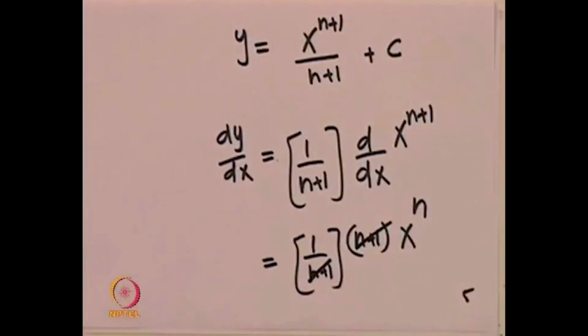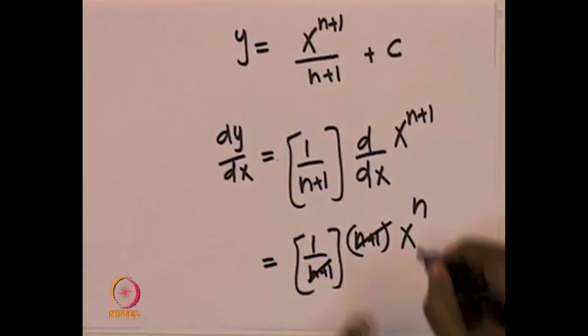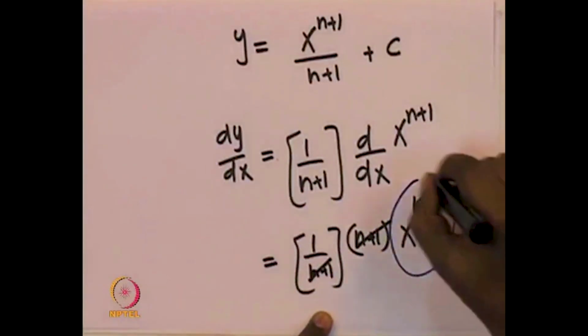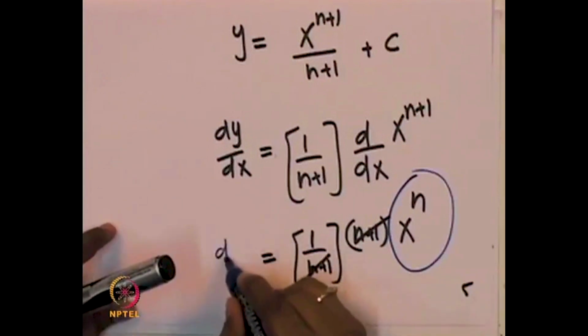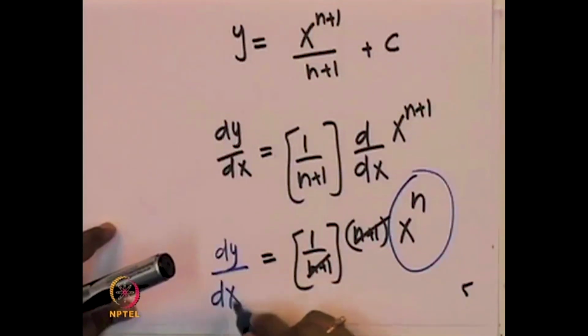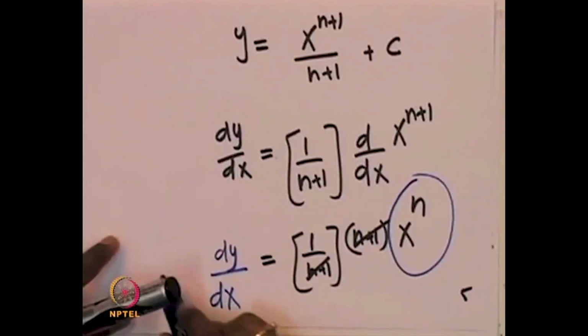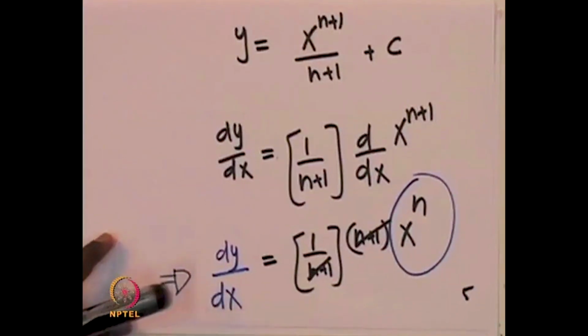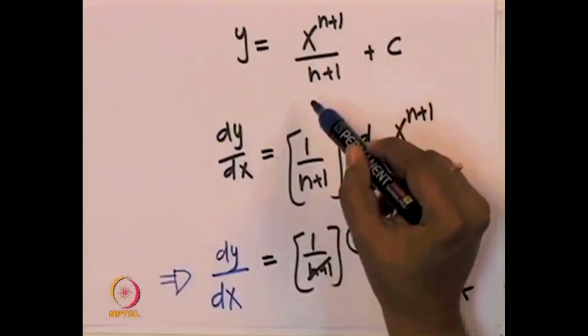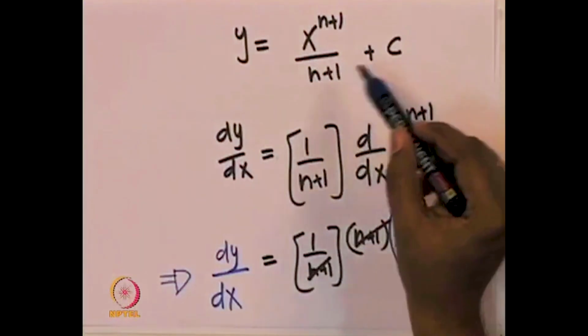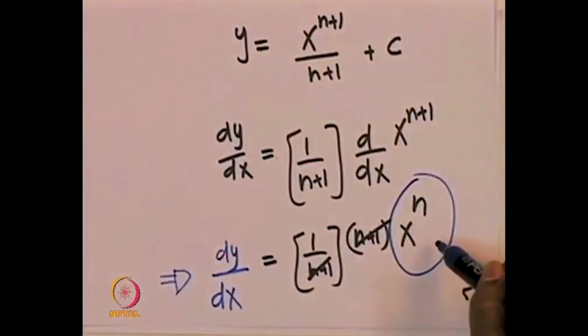The answer you finally get is x power n. So if y is x power n plus 1 by n plus 1 plus a constant, its derivative is x power n.